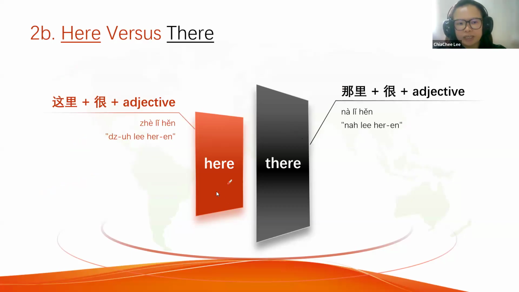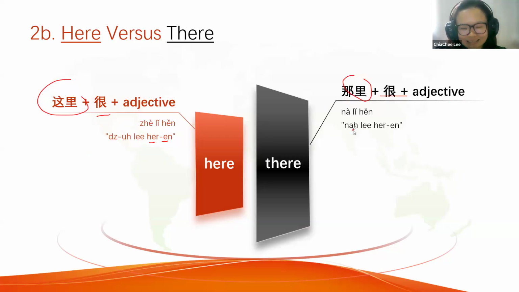Another variation is that we can put in an adjective, saying 这里很 plus adjective. 这里, like we know just now, is the fourth tone. Li is my surname, third tone. 这里很: 很 means very, pronounced hen, third tone. 这里很 plus adjective, here is very adjective, and 那里很 plus adjective.